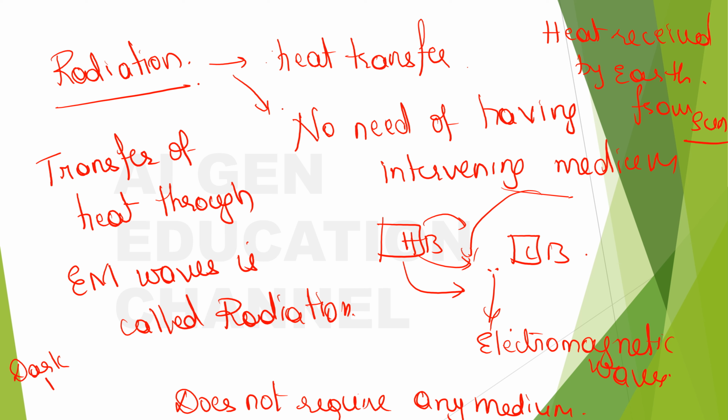Whereas light colored clothes are good reflectors, so you will use these during summers. So dark colored clothes are used in winters and light colored clothes are preferred in summers, right?